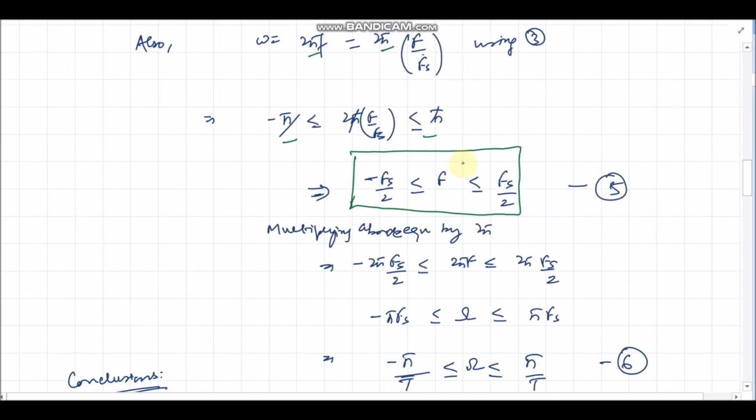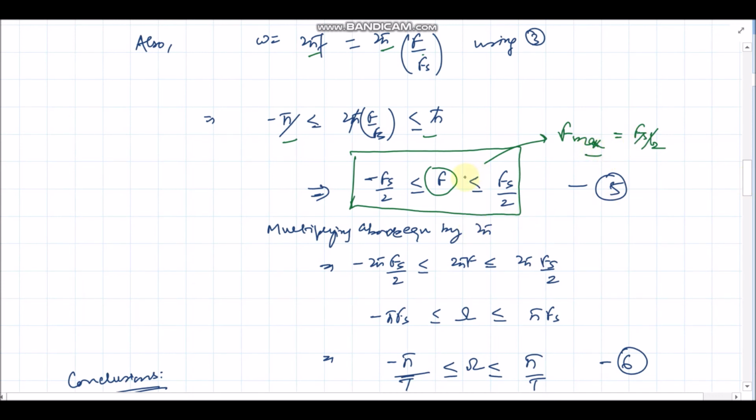The continuous time frequency F is ranging between minus fs by 2 to fs by 2. So here we can see that the maximum value F max is equal to fs by 2. So the maximum frequency that can be processed by a sampler is F max equal to fs by 2. That is, the sampling frequency decides how much frequency the sampler can handle.